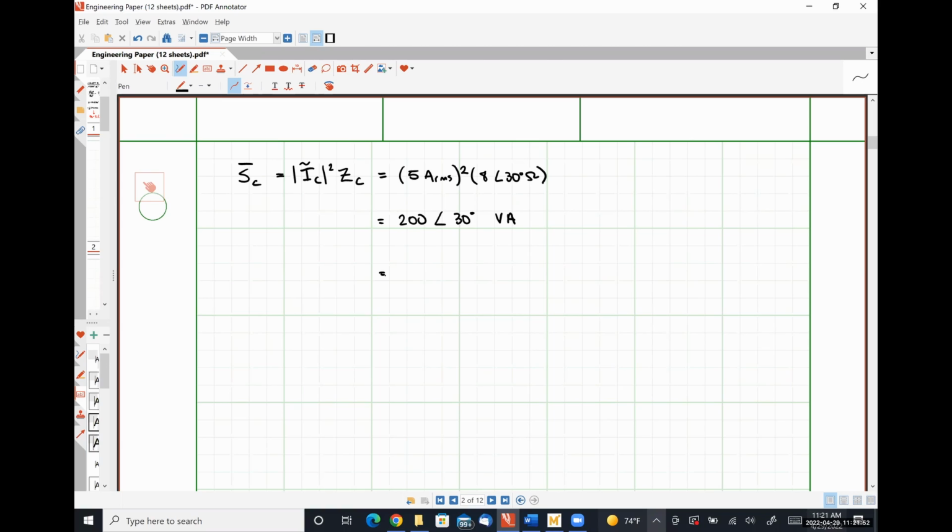So if I express this in rectangular form, it's 173.205 plus J100 volt amperes. Which of these four numbers is what I'm actually looking for?